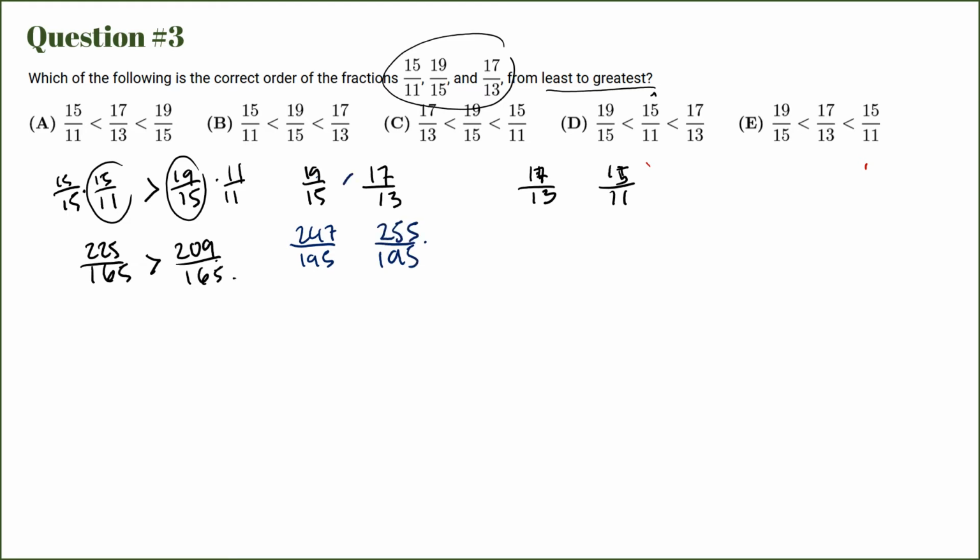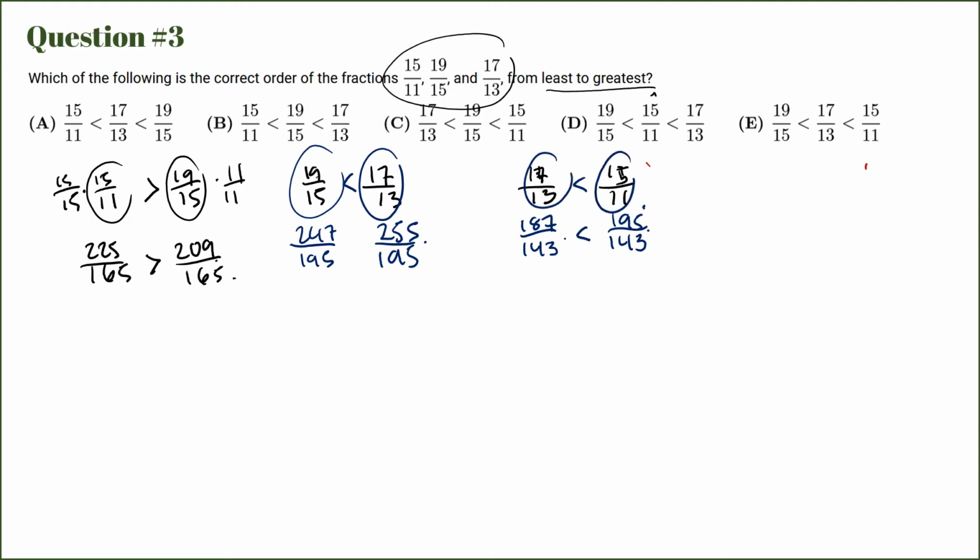So 17 over 13 is greater than 19 over 15. Again with this, if you make the common denominator 143, then the numerator here becomes 187, and this numerator becomes 195. So 17 over 13 is less than 15 over 11.